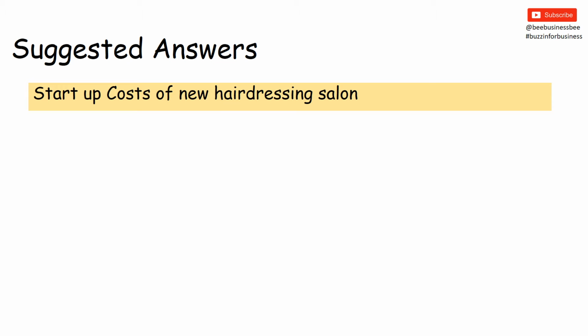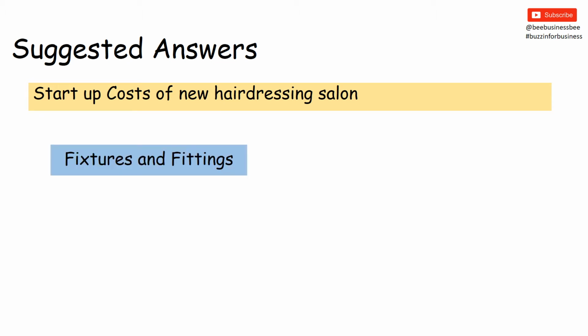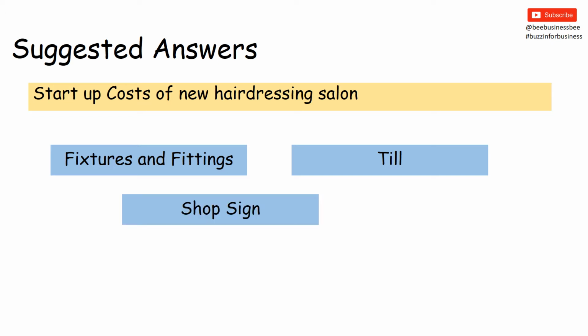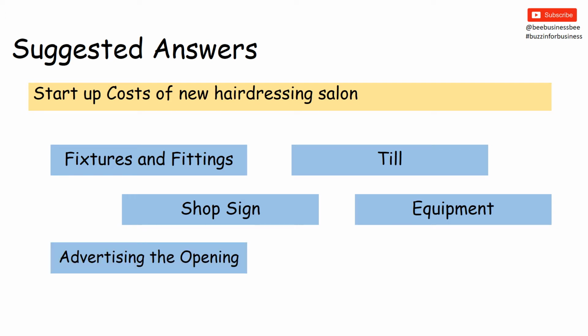You can see startup costs for the hairdressing salon, maybe fixtures and fittings, so putting in the sinks and obviously the benching and any shelving, for example, the till or the electronic point of sale, EPOS as you may have seen it called, the shop sign that goes outside the shop, equipment, which obviously when I talk about equipment could be like your dryers and your taps and your shampoo and everything else that goes inside there.